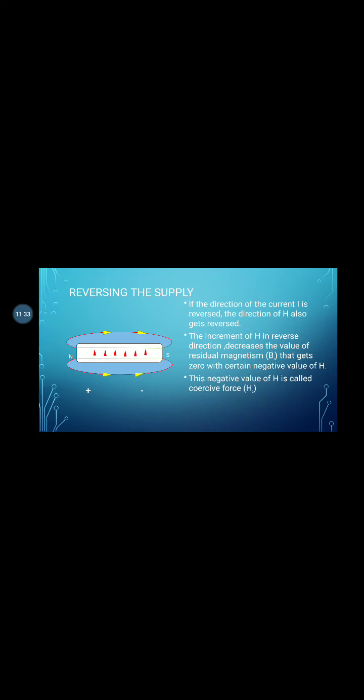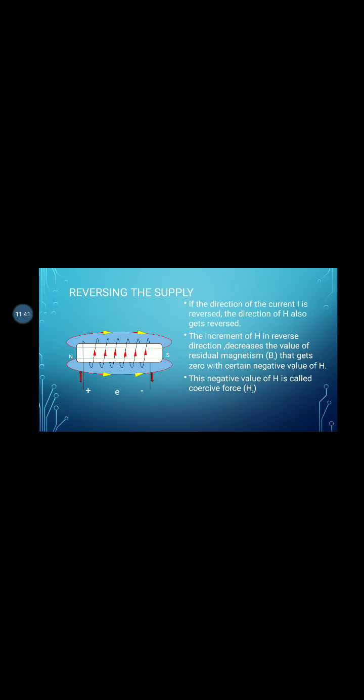Again, how do we get zero flux density? You have to reverse the direction of current. So I have shown in this figure reversing the supply. Previously we put positive on the right-hand side, now we have put positive on the left-hand side, so the direction of current is changed.